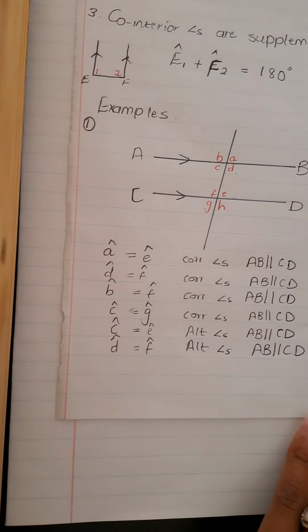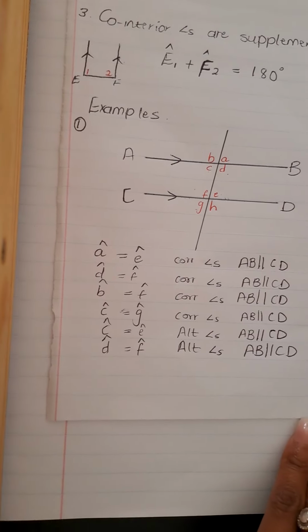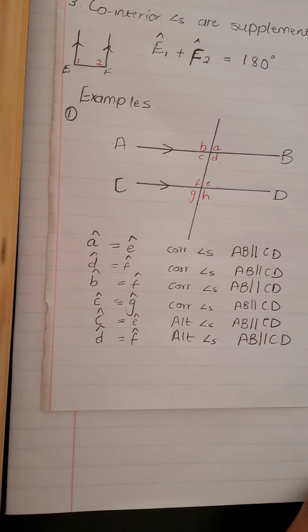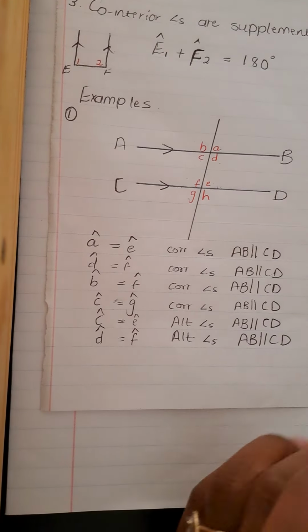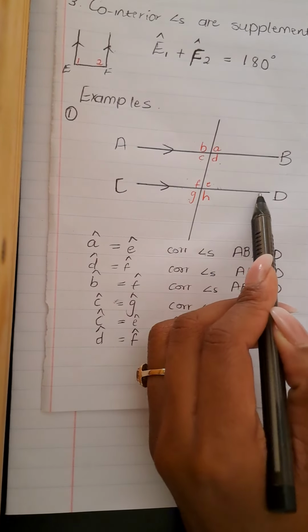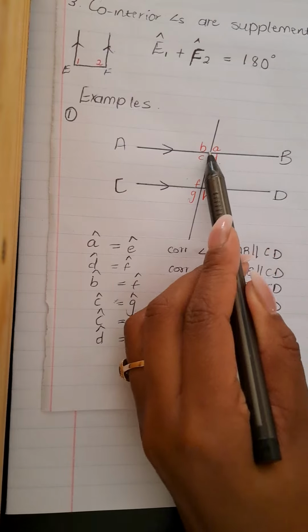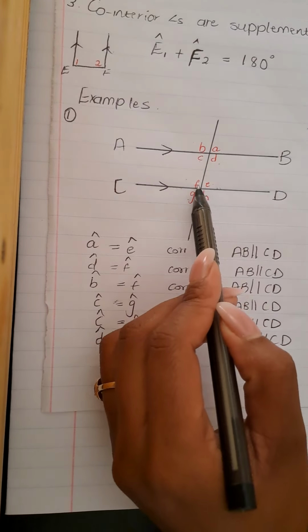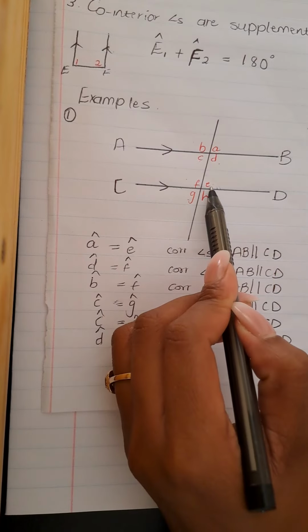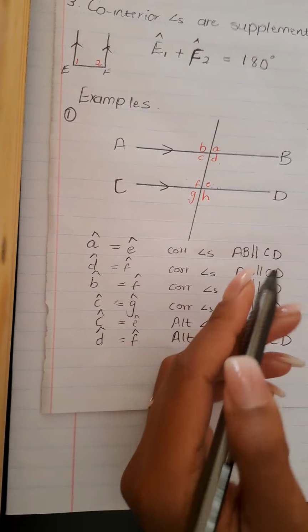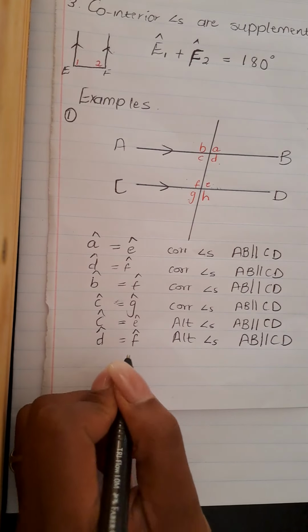And then we can also get co-interior angles. We said co-interior angles, it is when you are having a U shape. If you follow my hand, you can see you are having a U facing that direction, which means D plus E equals 180, because we said co-interior angles are supplementary.